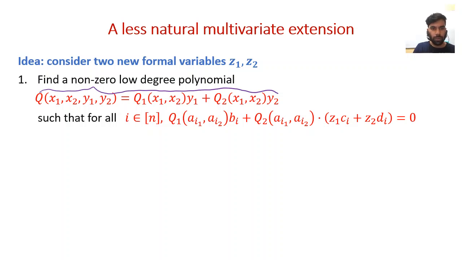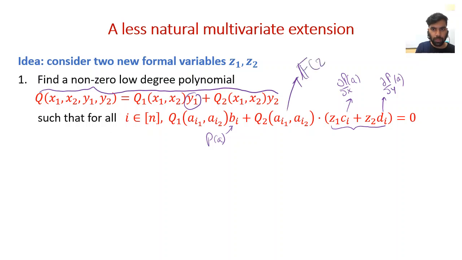Now we will let y1 play the role of PA which it was playing previously, but y2, rather than just being a vanilla derivative in the x or the y direction, has now become a formal combination in the z1 z2 variables using the derivative data. And now we will look for a polynomial Q which explains the data in this strong sense. Of course, this will force Q to get coefficients from the field Fz, but that's okay. We can live with that, and this is not going to make us inefficient.